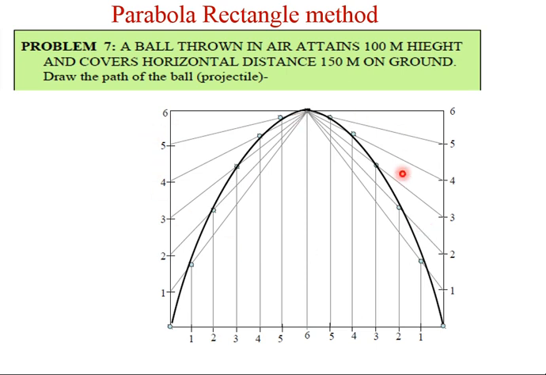Now after making this rectangle, it is very easy to draw this curve. Now how can it be drawn? Here we will first draw the half part of the curve. This is E, F, G and H, as I have already told you, and this is A and B. We will divide this EB into equal number of parts.